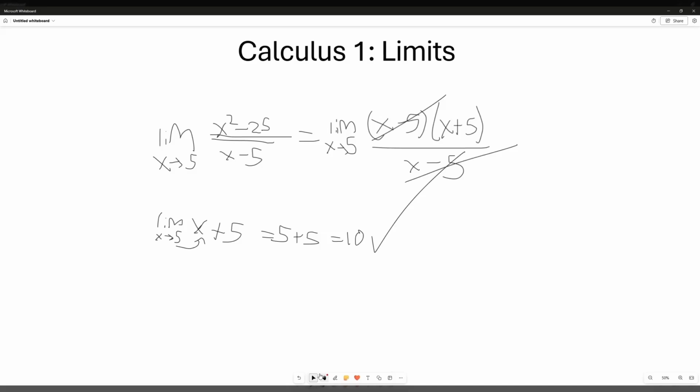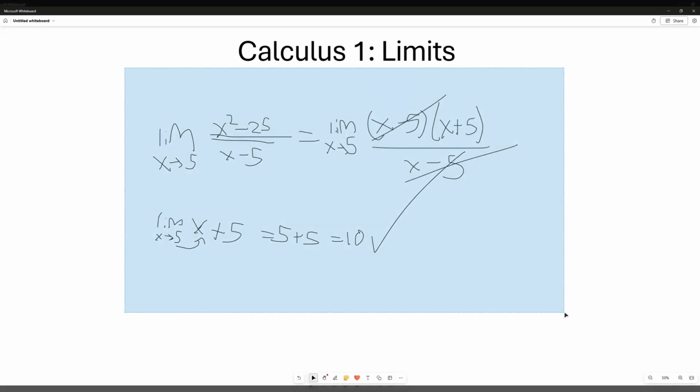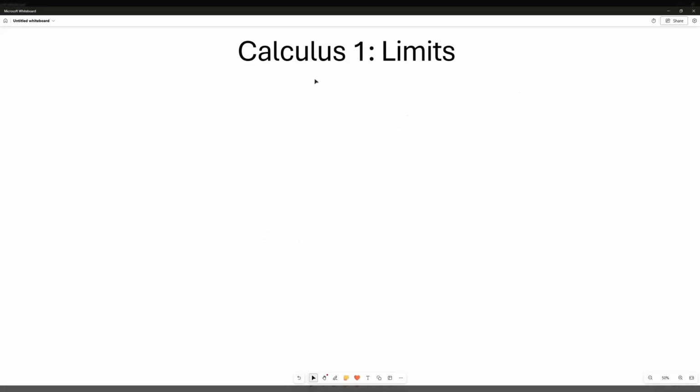Now I want to go over something simpler for all of you, for the sake of simplicity and exercise. This time I want to go over a polynomial expression. So it would be the limit as x approaches 4 of, let's say, x squared minus 6x plus 7.